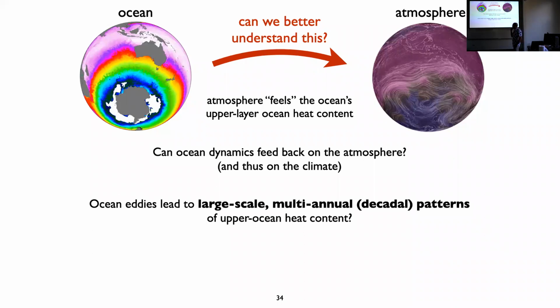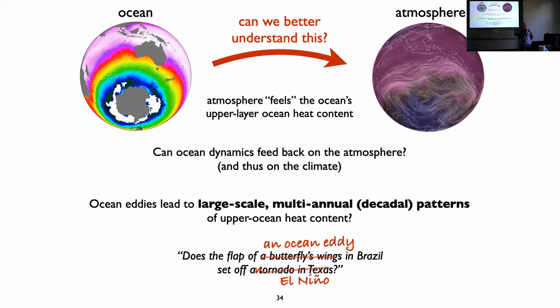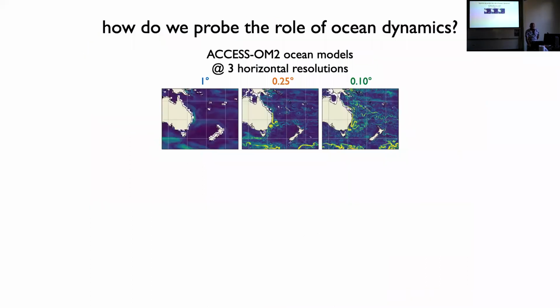In other words, do all these ocean eddies lead to large-scale decadal patterns of variability for the upper ocean heat content, which will have an effect on the atmosphere and thus on the climate? Or, paraphrasing a popular quote, can an ocean eddy lead to an El Niño? This is an exaggeration, but this is the underlying question we're trying to address.